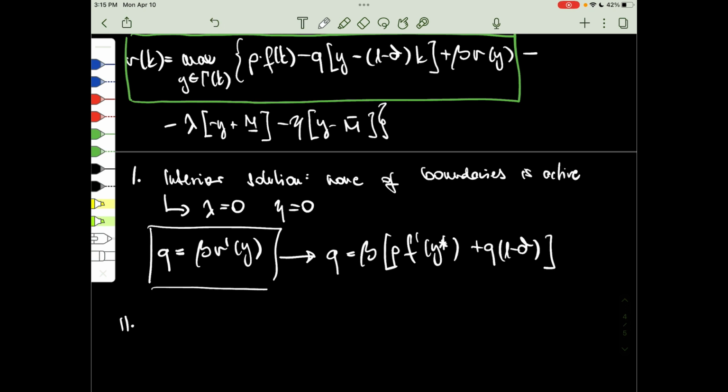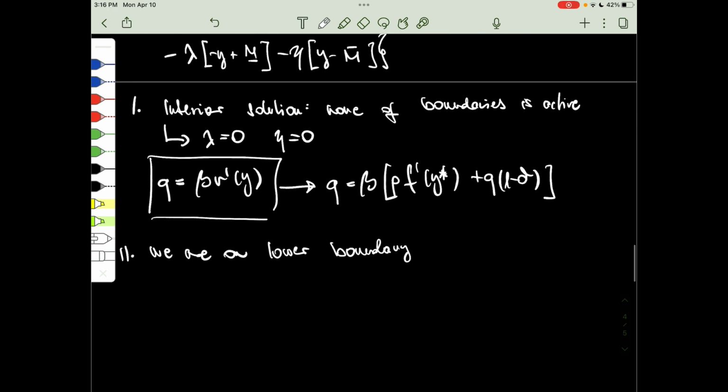Next case, we are on the lower boundary. What does it mean?